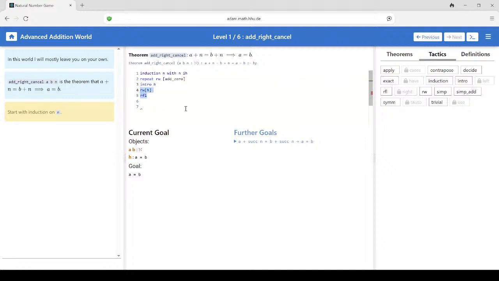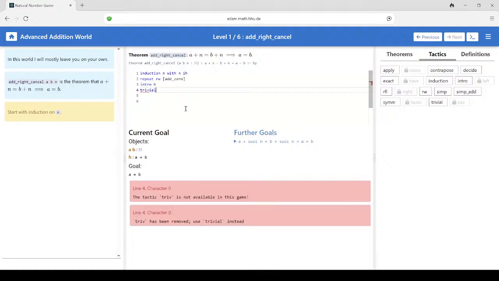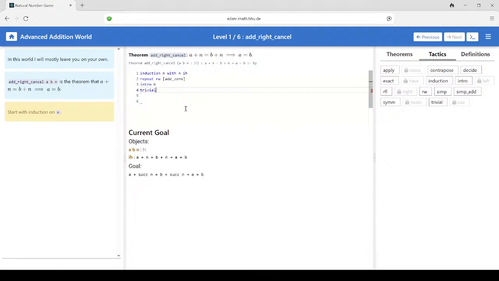Suppose instead of this, yeah, that works there, because it's true. Our goal is that A equals B, and our hypothesis is that A equals B, so it's just a true statement, so we can cut it short there.